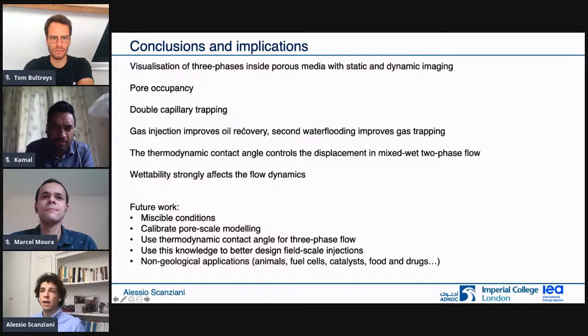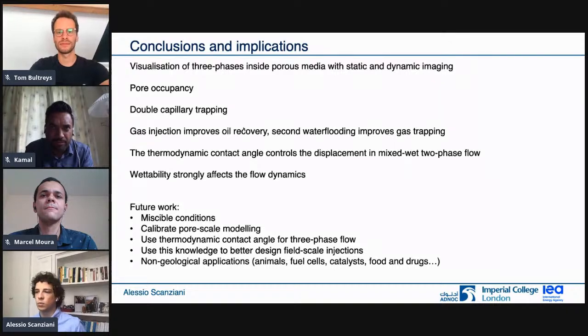We observed this double capillary trapping mechanism with which gas is trapped in the pore space. Gas injection improves oil recovery both in water wet media and in mixed wet media.